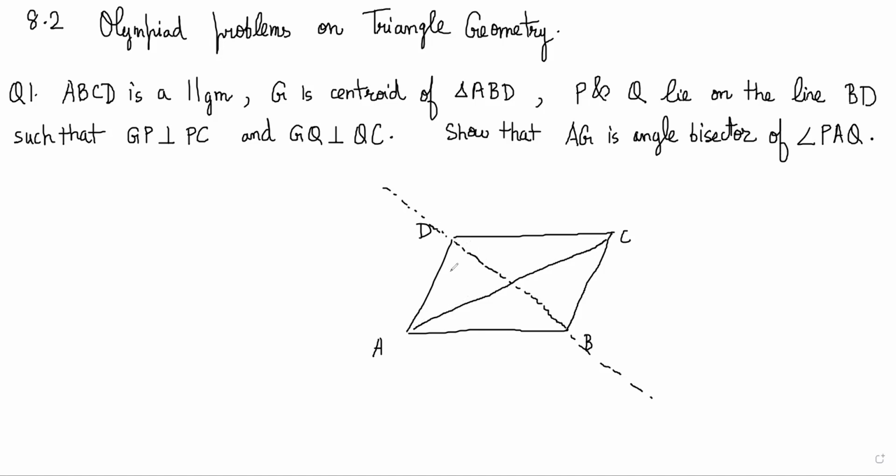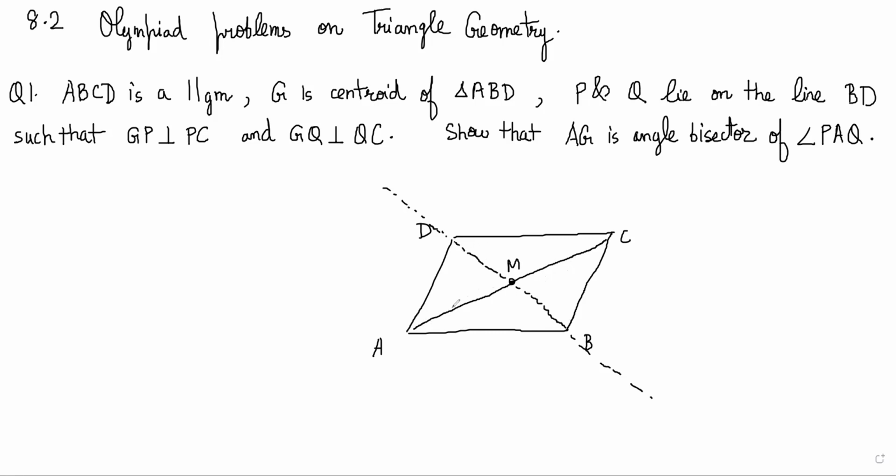You should realize that AC and BD are diagonals of a parallelogram, so they will bisect each other at this point. If we call this M, it is the midpoint of BD and also the midpoint of AC, right? So AM is a median of triangle ABD.